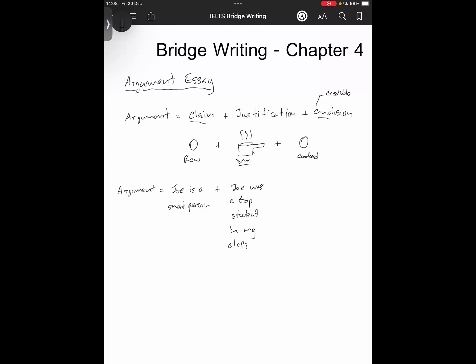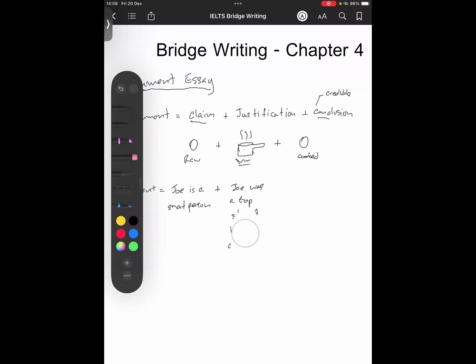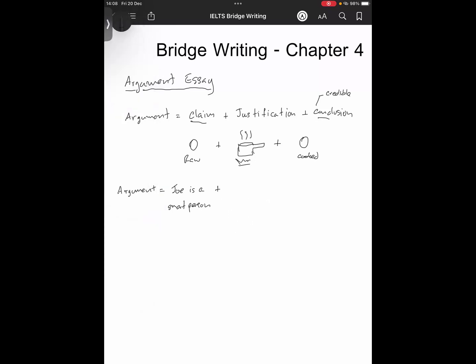So the majority of the people who don't know me will not accept this claim just because I say that Joe was a top student. So I need something much stronger than this.